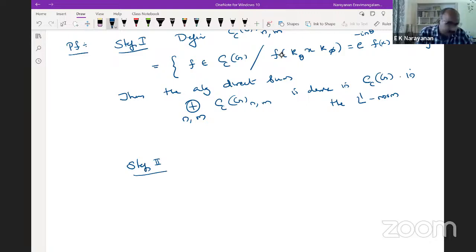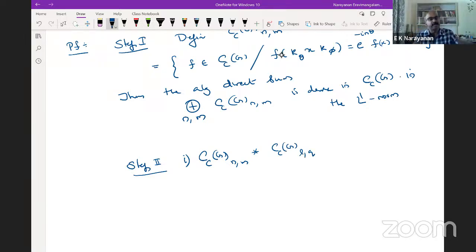Step 2. What happens to convolution of these pieces? Okay, so C_c(G) n,m convolved with C_c(G) l,q.